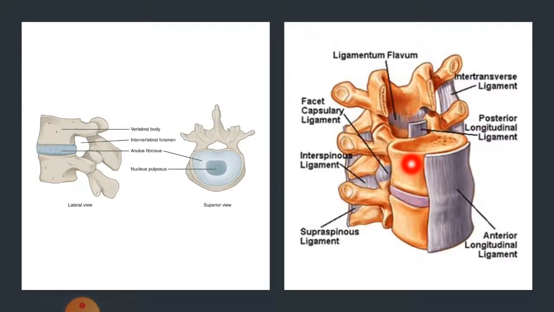And the ligament that is basically responsible and keeps the intervertebral disc close is the posterior longitudinal ligament.